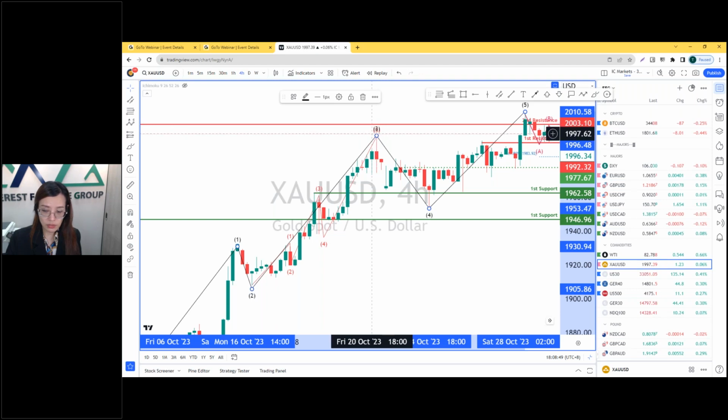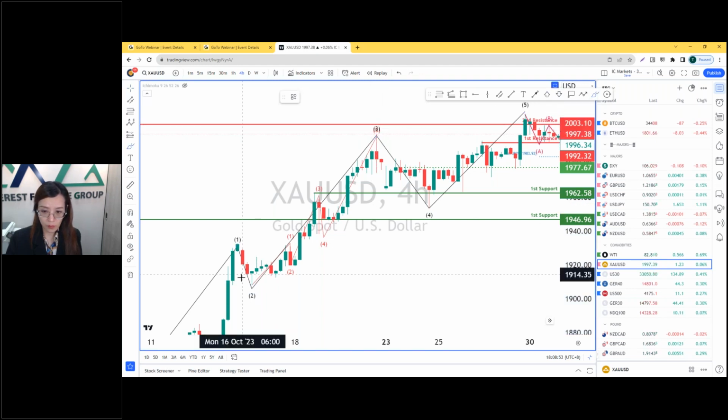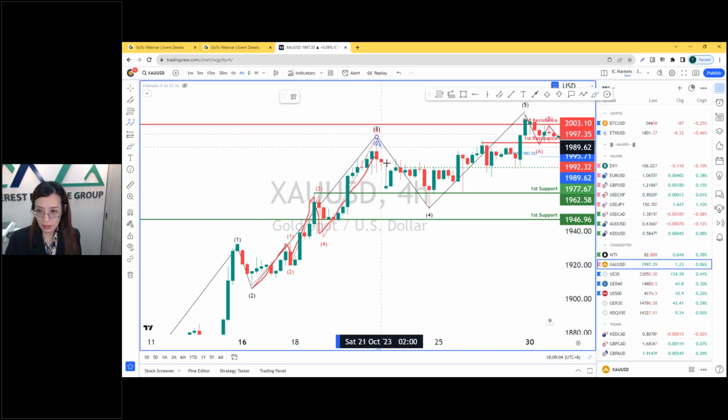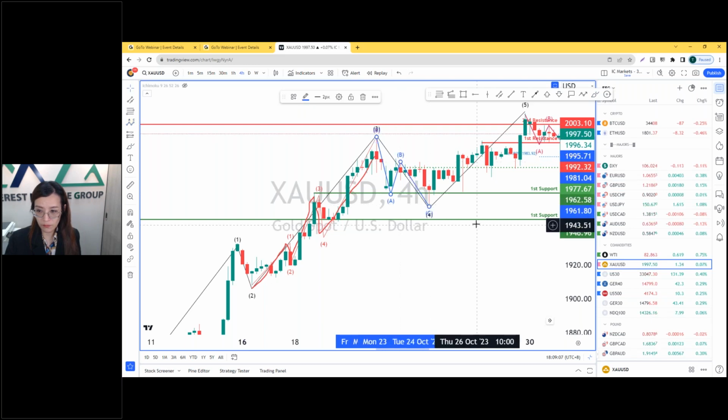Within wave 3 there will always be 1, 2, 3, 4, and 5 sub waves. And within the corrective wave there will be A, B, C. It could be A, B, and C here, which is wave 4.